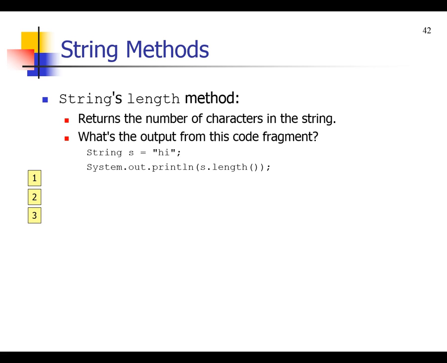Now we can also do this. This is where we start getting into calculating the length of something. String S, hi. S length. Length is a method to tell me how long that is.